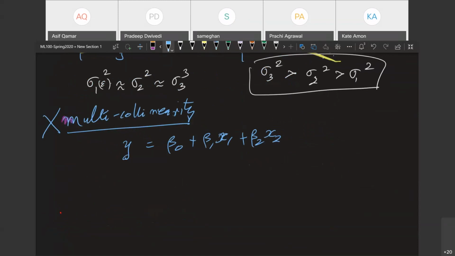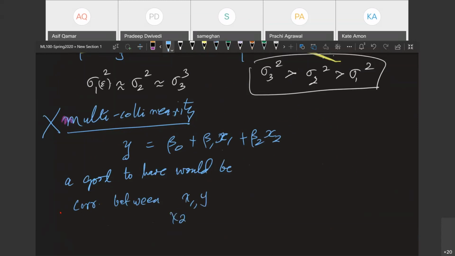So see, you expect y and x to be related, right? So for example, a good thing to have would be correlation between x1 and y, x2 and y. Those are good things, isn't it?